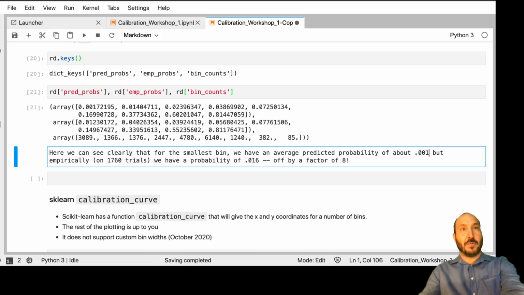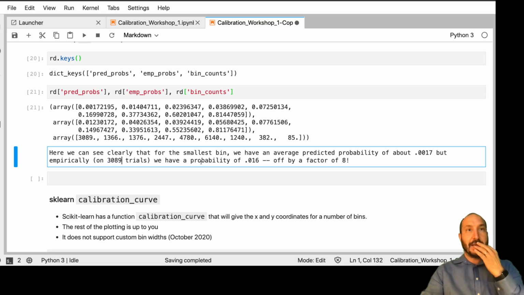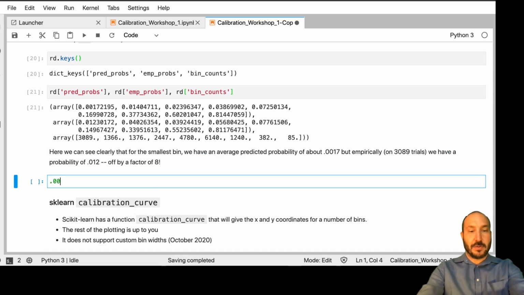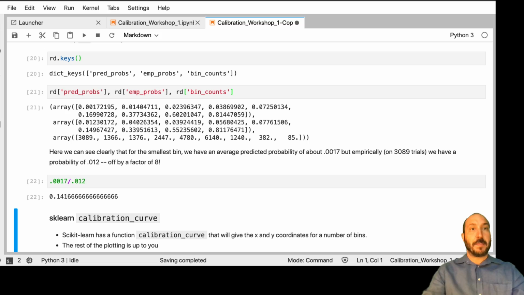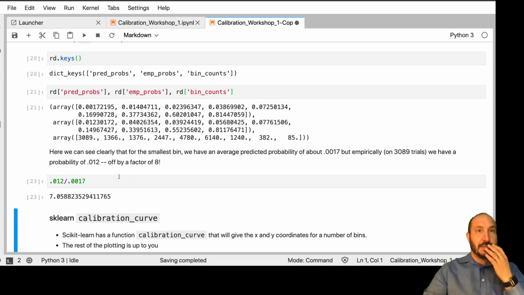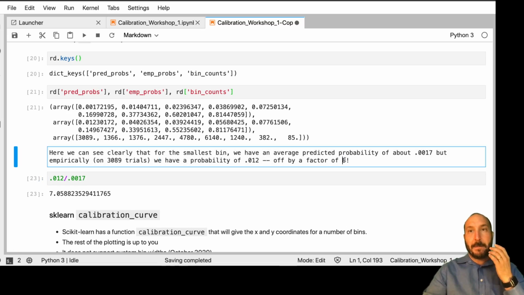Of about 0.0017, but empirically on 3,089 trials, we have a probability of 0.012. And so if you see 0.0017 divided by 0.012, I should do it the other way. 0.012 divided by 0.0017, it's about a factor of 7 I'm off by.